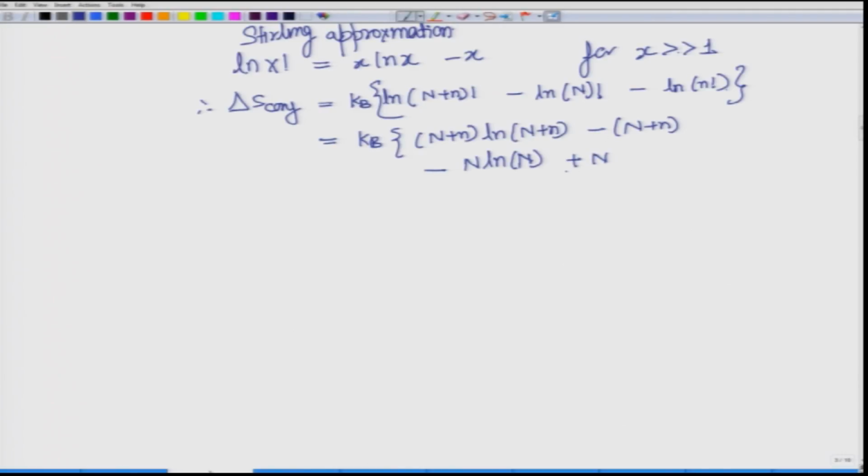Minus of minus becomes plus, therefore, delta S configuration is equal to KB. Now, we will put the terms with log in one place.